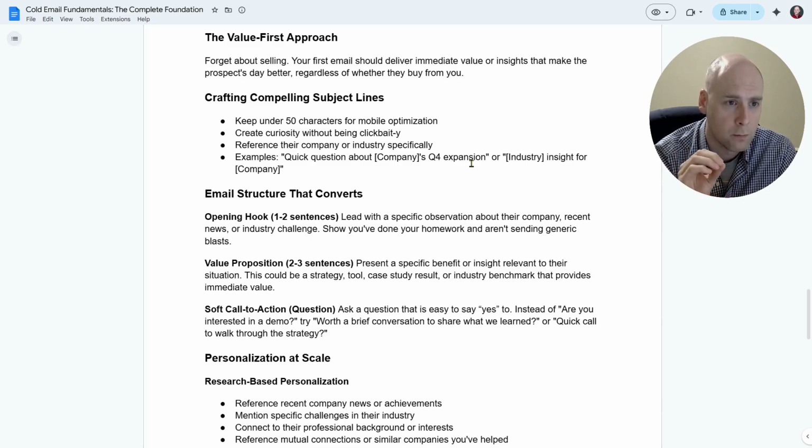But I would argue that what's more important is making sure that your offer resonates with your prospect. You can have all the personalization in the world. You can use the most advanced AI to say anything that demonstrates that you know the prospect on a personal level.